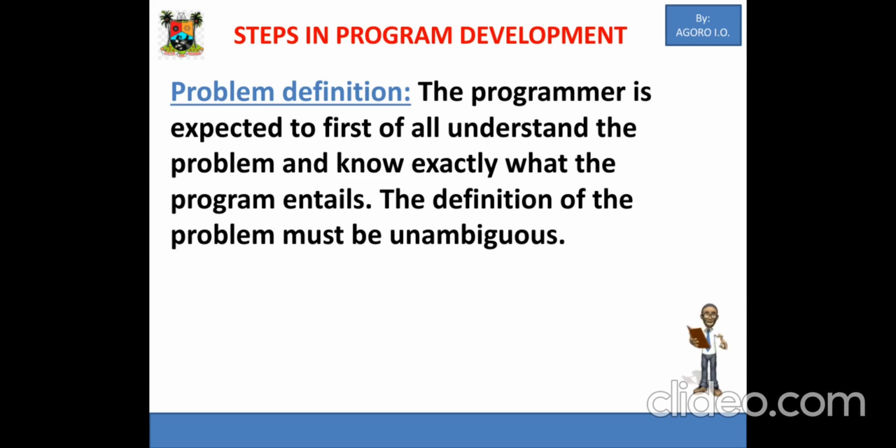For instance, if you want to write a program to calculate the addition of two numbers, you must understand what the program is all about. You must understand what the program entails. That is what problem definition is talking about.